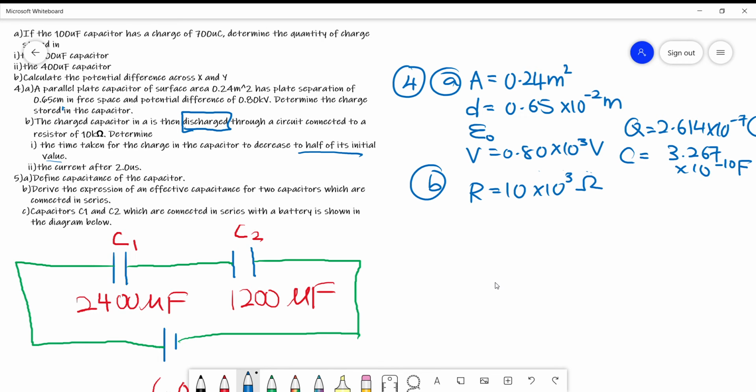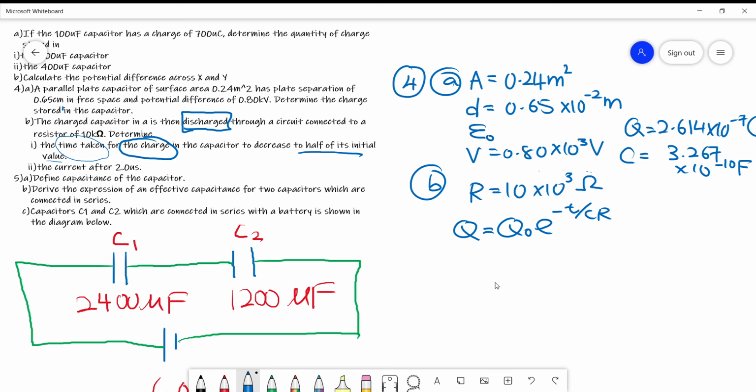Since this is a discharging circuit, the formula for discharging is Q naught e to the power negative t over CR. The question asks about the time taken, so this is the t that we need to find.